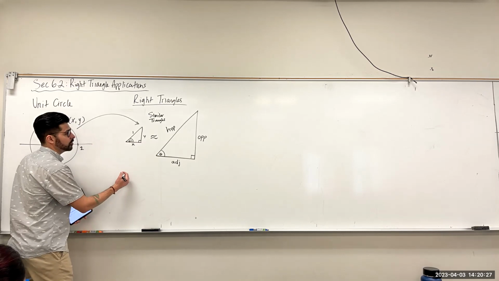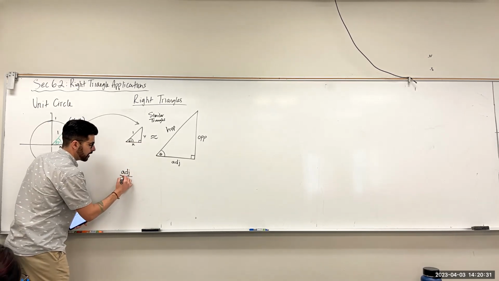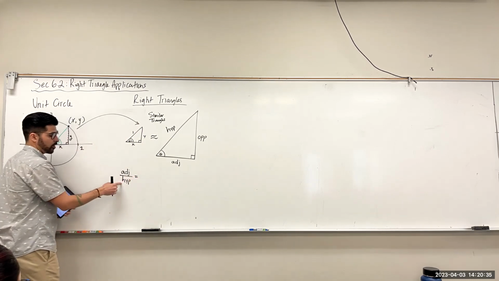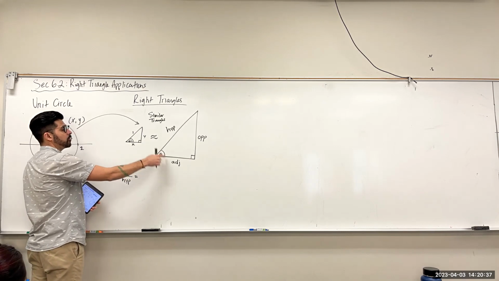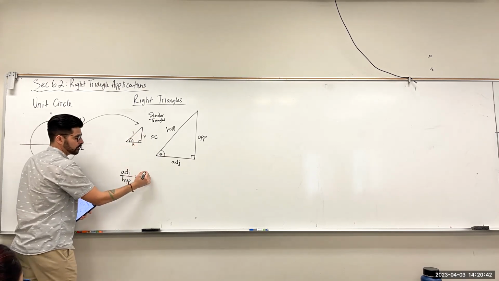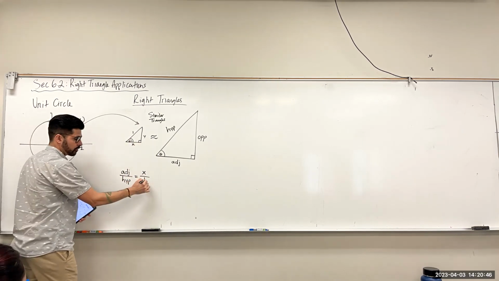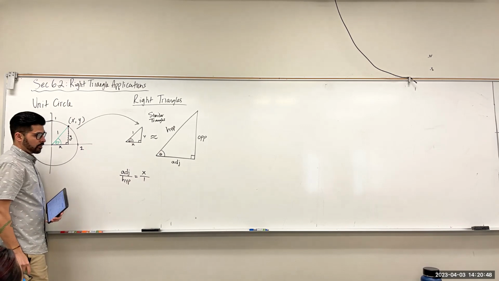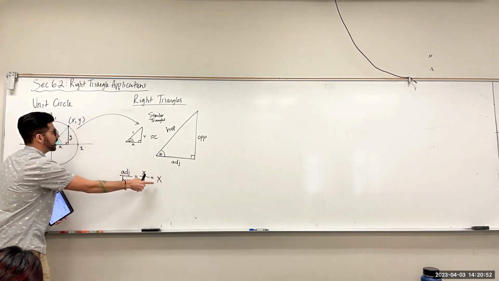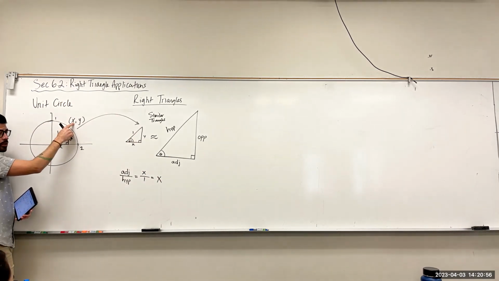So if I do my adjacent side on the big triangle divided by the hypotenuse, this ratio should be equal to the adjacent side of the smaller right triangle over the hypotenuse of the smaller right triangle. And so what's x over 1? X. But this x is this x. And that's what we've been calling cosine of theta.